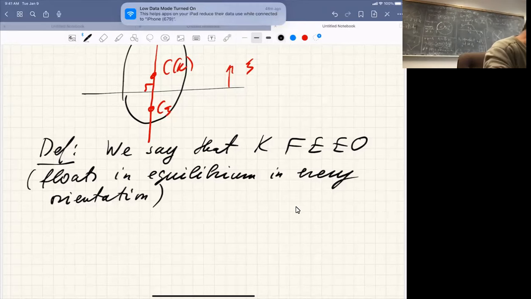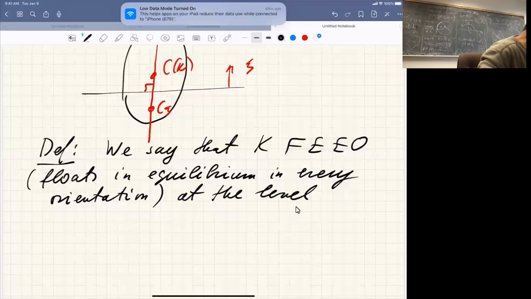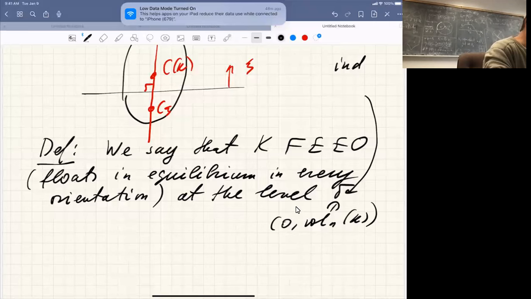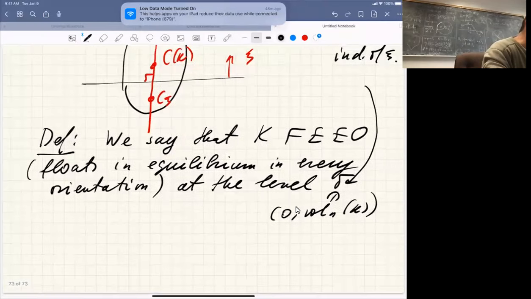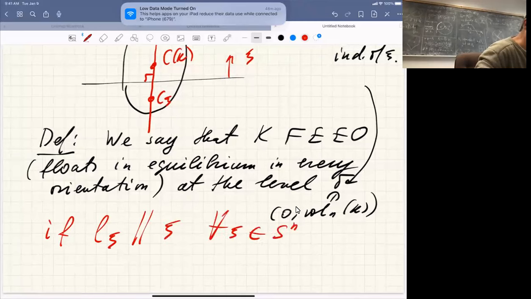Yes. Well, strictly speaking, I have to write at the level delta. Again, delta is any number between 0 and the volume. You fix this number, and this is independent of the direction. Okay. We say that K floats in equilibrium in every orientation if the line we constructed there is parallel to Xi for any direction. Yes, this is an honest definition.